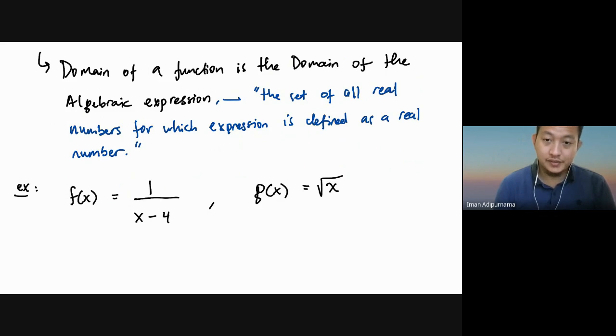The function f is not defined at x equals 4, right? Because it will be 1 over 0.